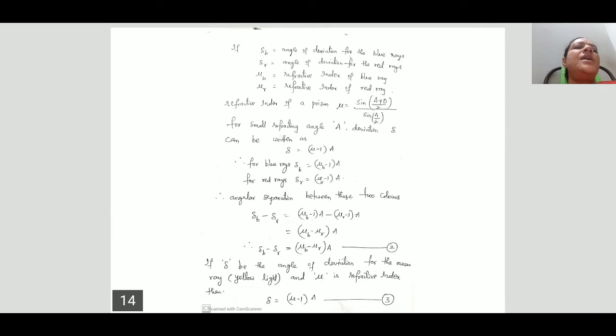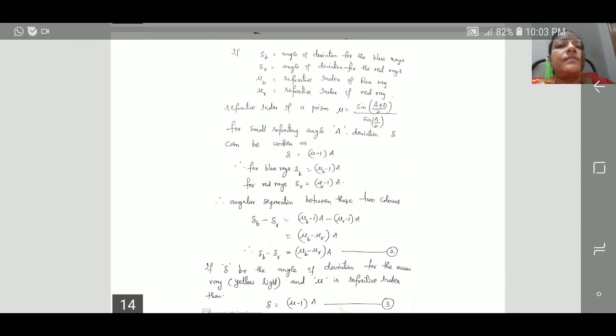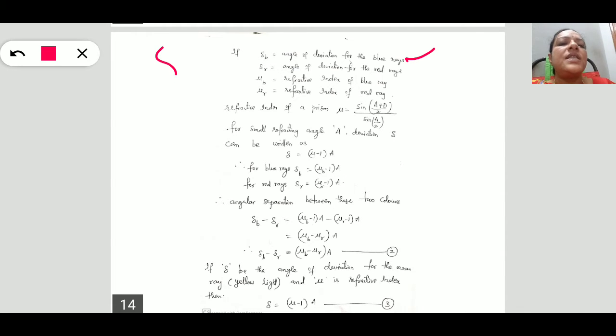Suppose we are considering two colors: the angle of deviation for the blue rays, that is delta B, and similarly the angle of deviation for the red rays, delta R. Their refractive indexes are mu B, the refractive index of the blue ray, and similarly mu R, the refractive index of the red ray.